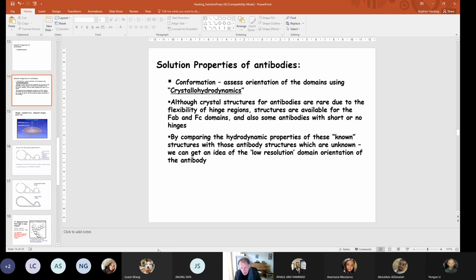And this process of combining solution or hydrodynamic measurements, that's what hydrodynamic means, water movement, with crystal structures of the domains together, we call crystallohydrodynamics, combining crystallography, or the limited crystallography information we have on antibodies, with hydrodynamic data. So using crystallohydrodynamics to work out the orientation or conformation of the antibody. And let's show you how we do it.